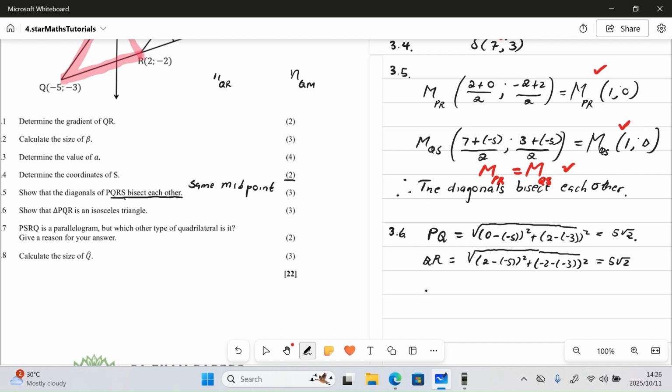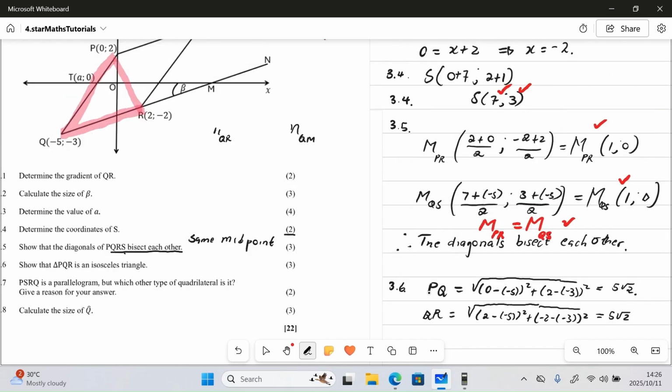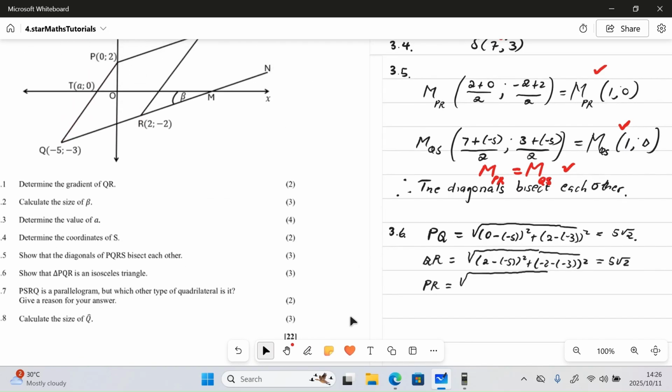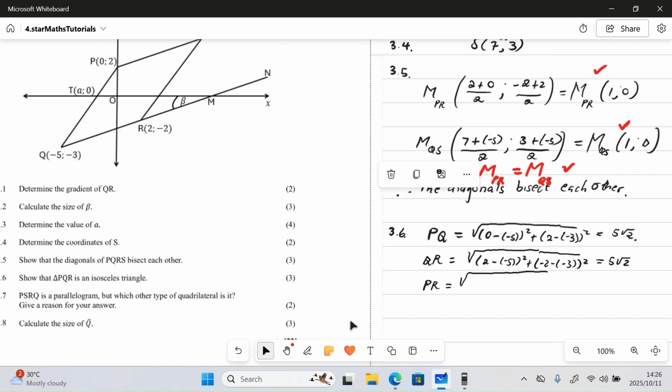Then we need to confirm whether it's equilateral. We need to also calculate the length of PR. Let's calculate the length of PR. Coordinate of P, PR.